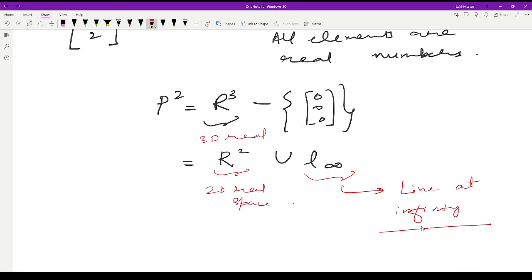Okay, so this is what one can say verbally, but what does it mean physically? Why are these two things equivalent? Can anyone tell about that?